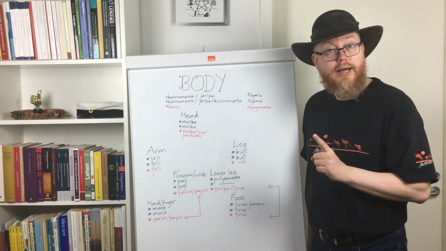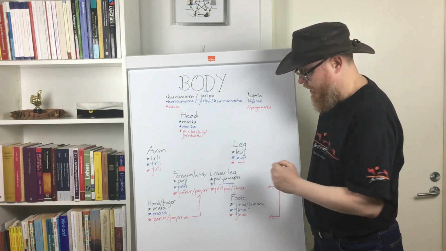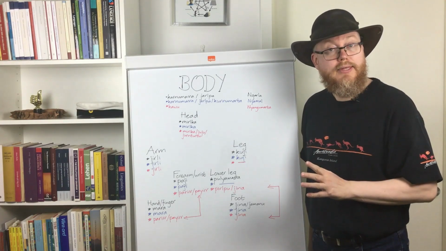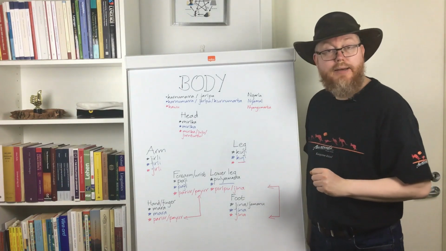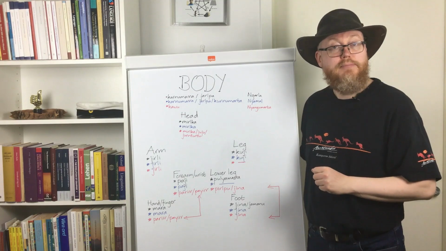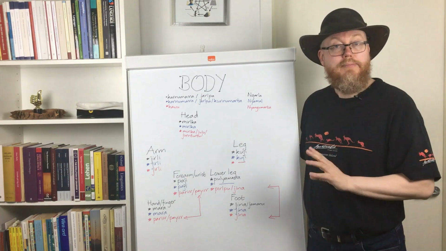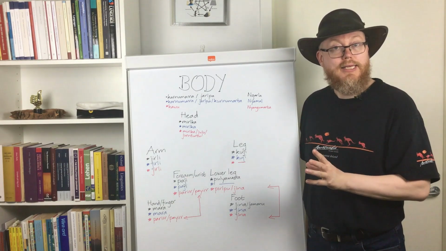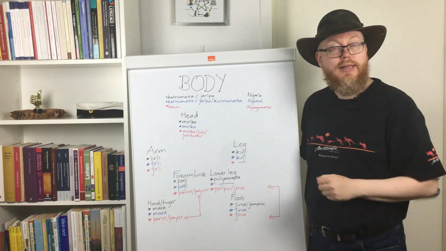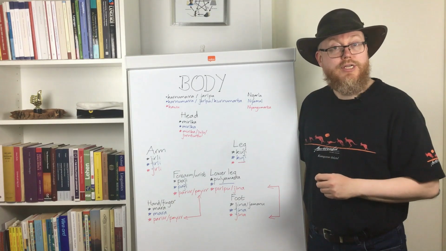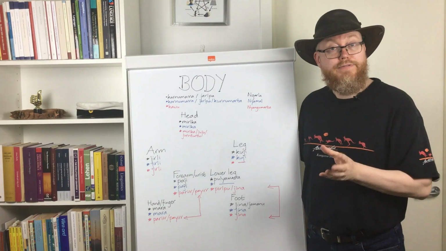In Nyangumarta, Jina means foot and lower leg. So this is something that we are going to see more of in future videos. The same word or words, but slightly different meanings in the three different languages, which is something that the speakers of the languages had to keep track of, these different meanings.